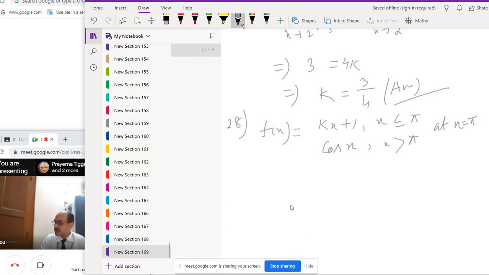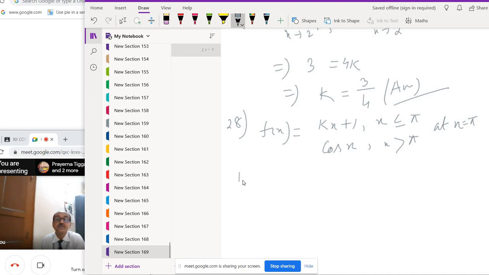So find the right hand limit and left hand limit at x equal to pi.